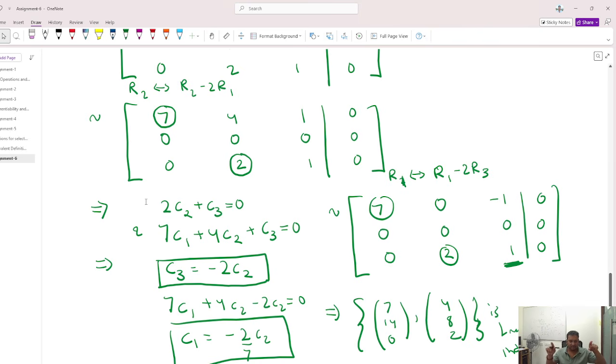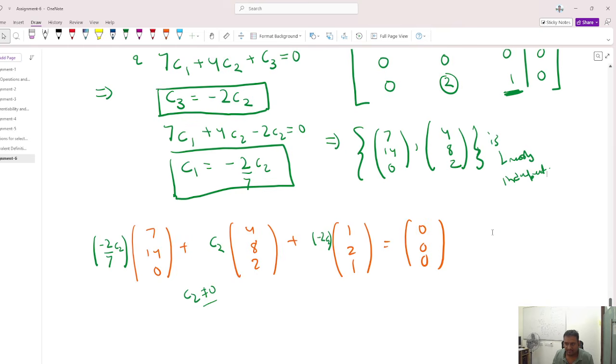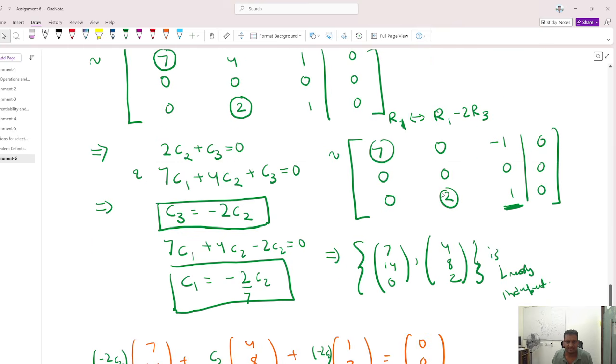In that special lecture we have seen that these row operations correspond to a matrix multiplication, and those were invertible matrices. So if at any stage a few columns are independent, the actual vectors will also be independent, because the row operations correspond to invertible matrices. You can multiply by the inverse to get the original vectors. So these are linearly independent, but the third vector depends upon the first two.